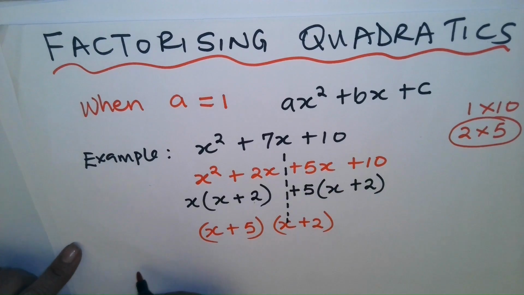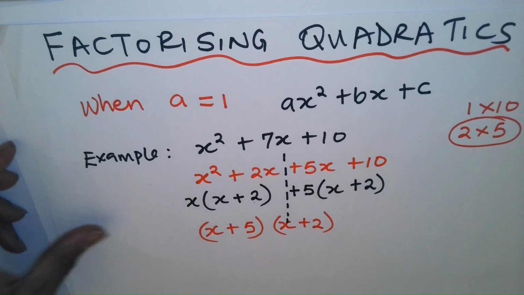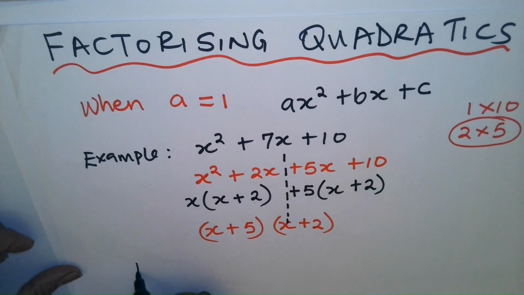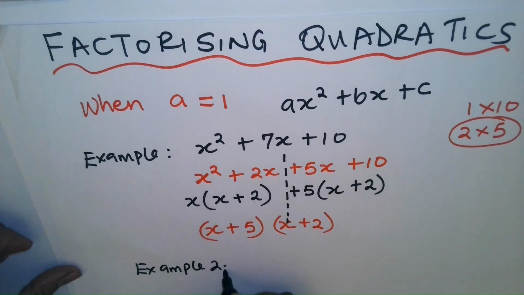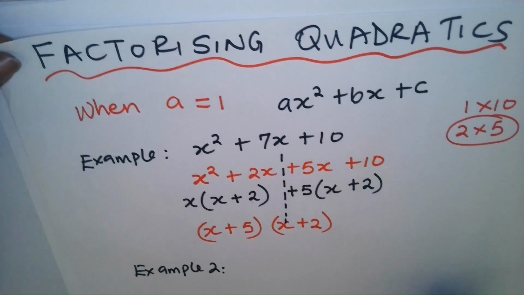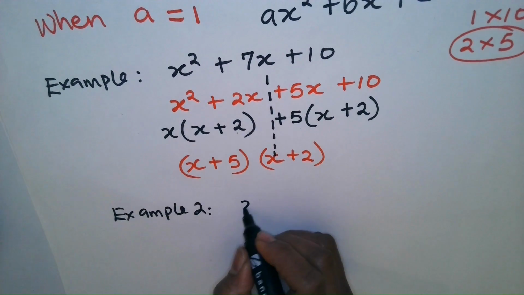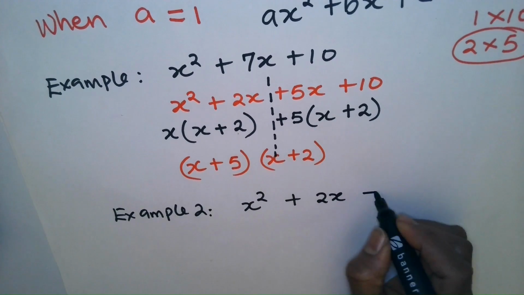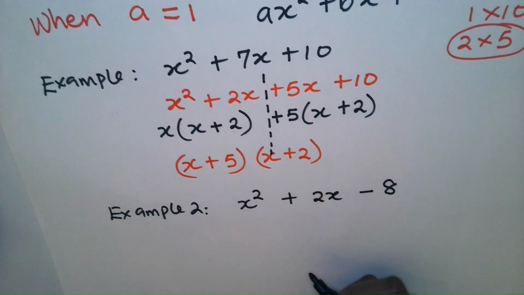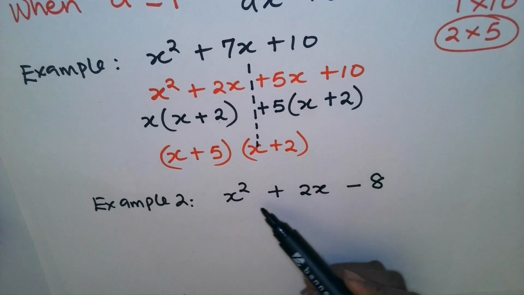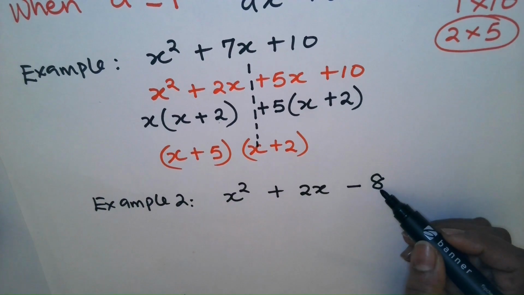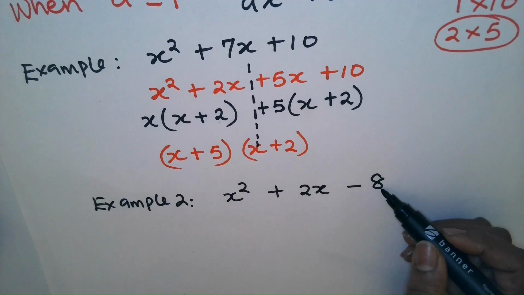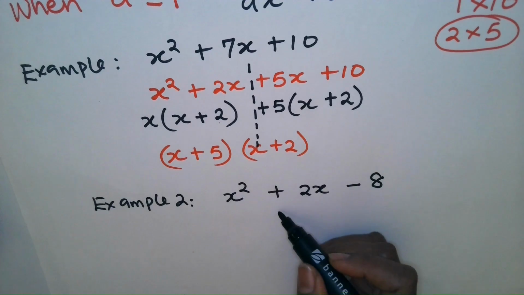Now we're going to look at example 2. Here, example 2, we've got x squared plus 2x minus 8. Again, we're going to look out for two numbers that when we multiply will give us minus 8, and when we add will give us 2.